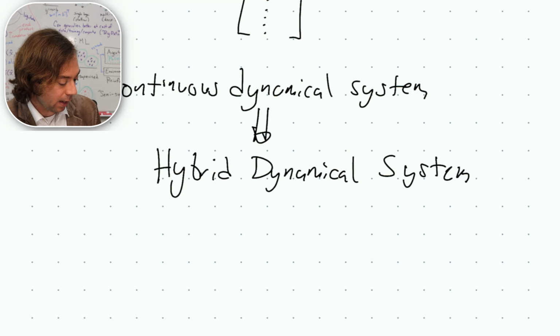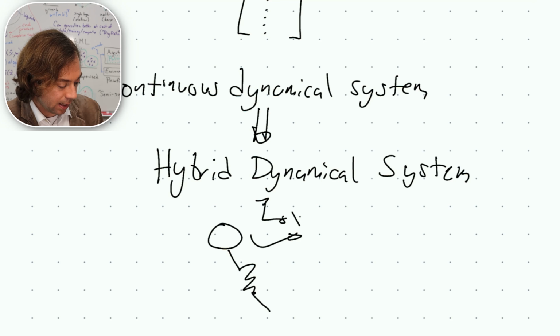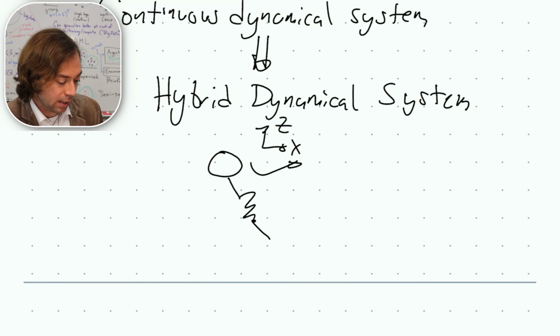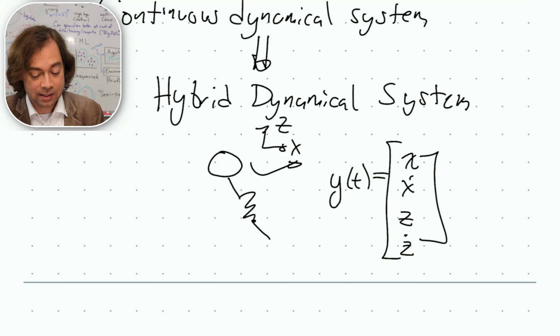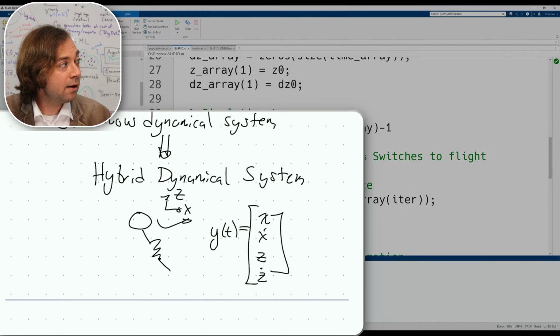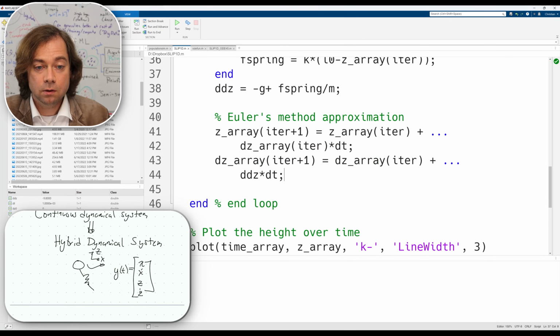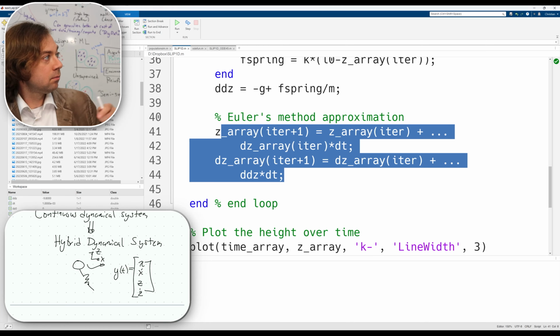If you had a spring-loaded inverted pendulum that's moving forward, where that's x and that's z, you would now have a state vector that has x, x dot, z, and z dot in it. And then in the code, you would have 4 of these lines instead of 2.